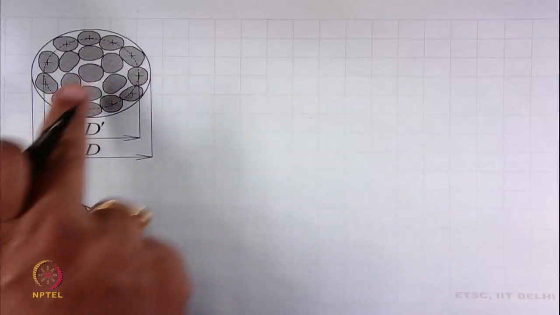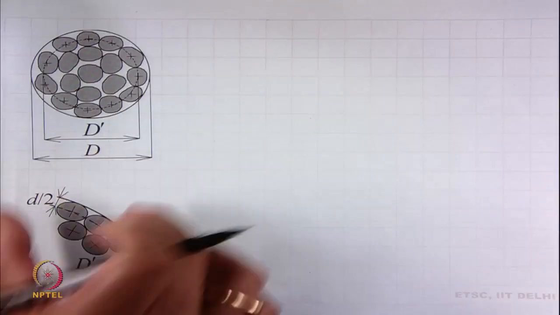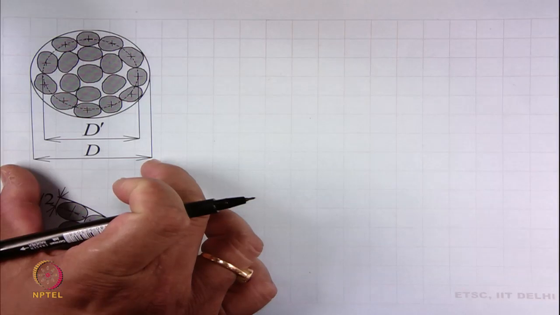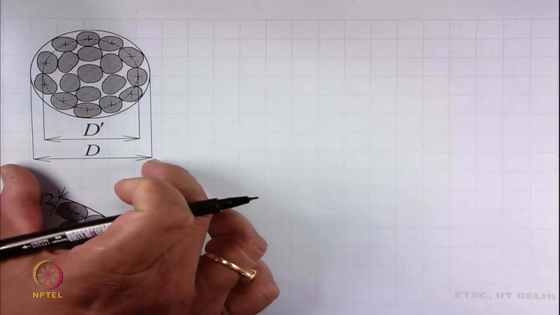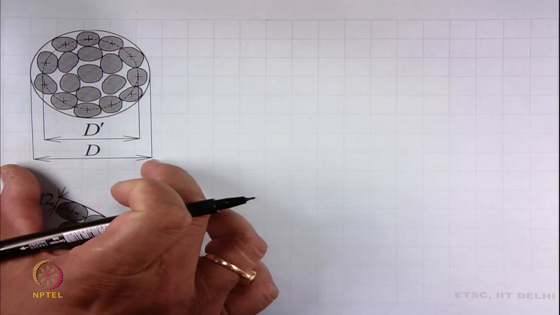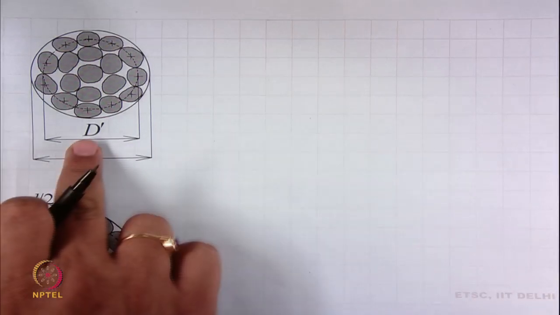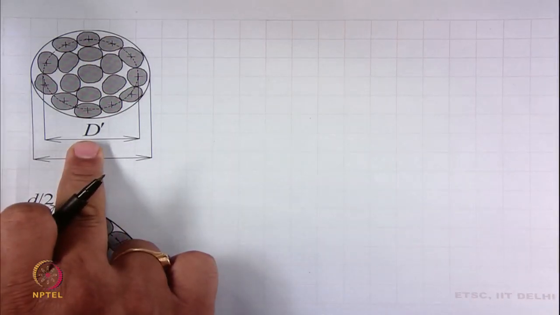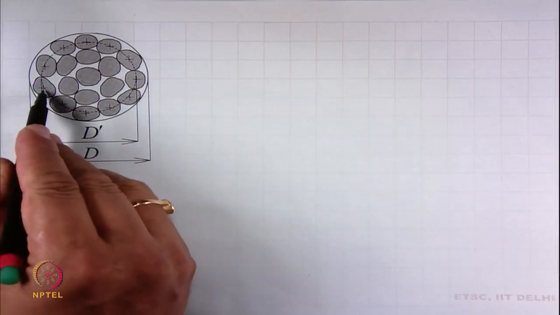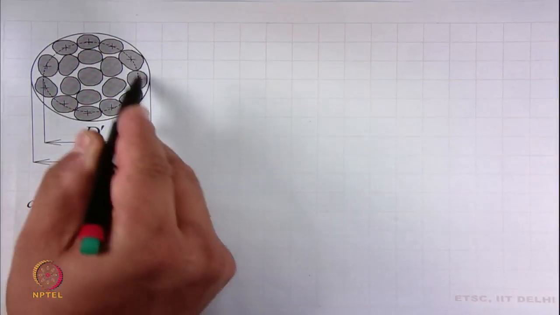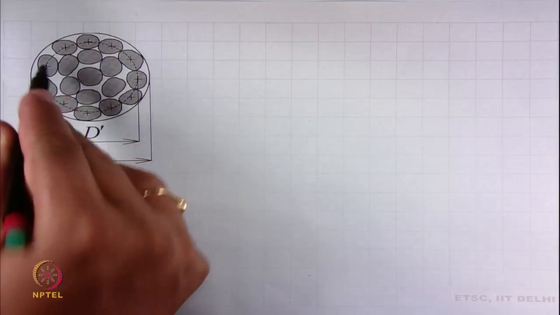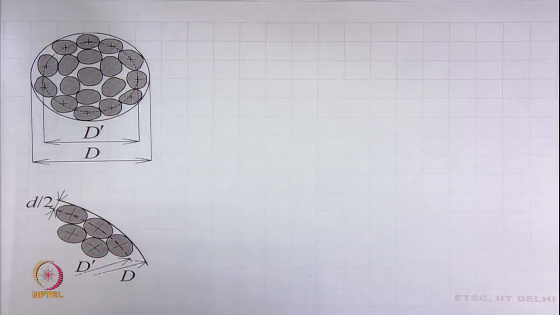So, in this image, yarn diameter is capital D. However, when we measure twist angle, we look at the surface fibers, and that time it is better to consider diameter D prime. D prime is the diameter constituting the axis of the surface fibers.